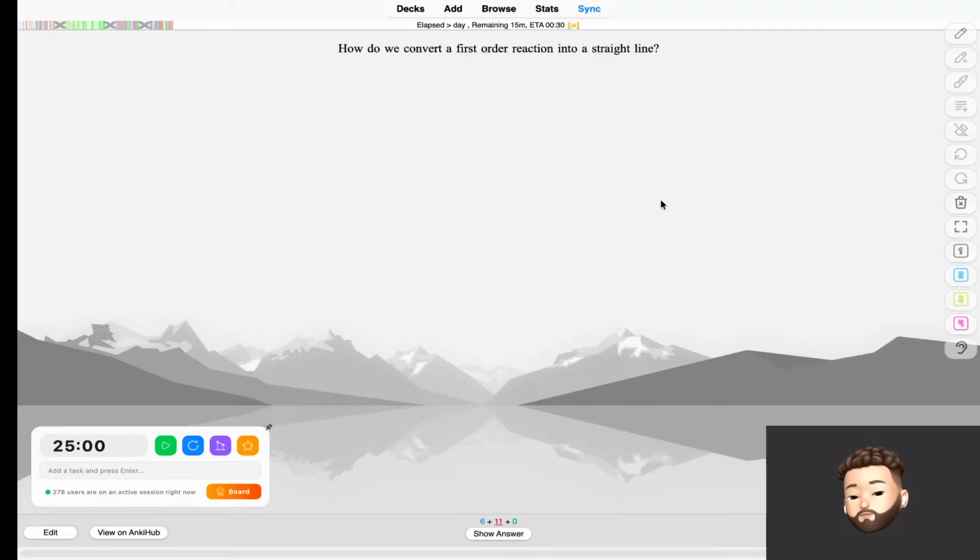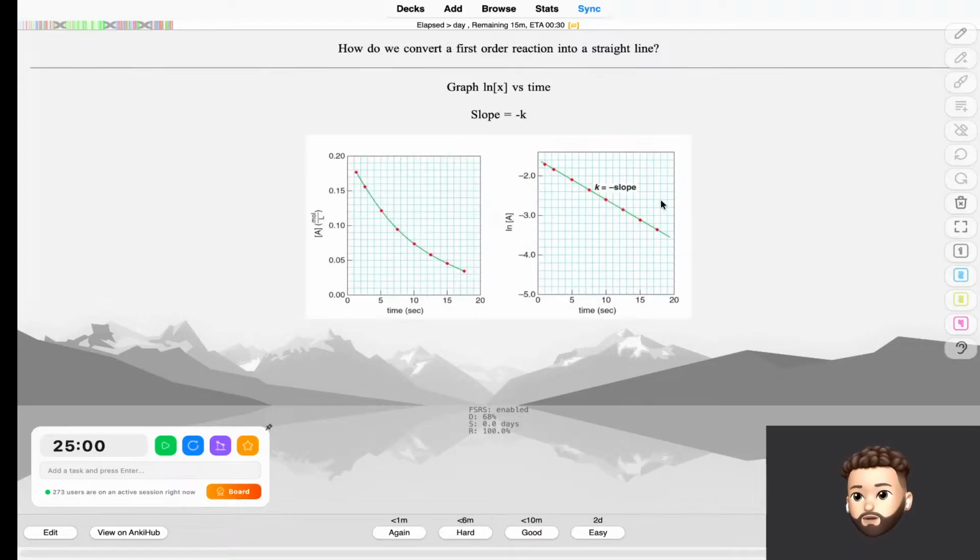And then the slope is going to be equal to negative k.